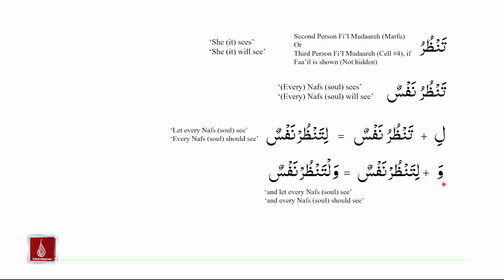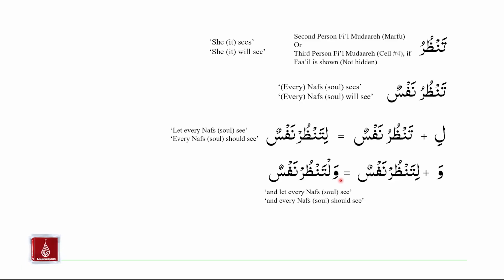Furthermore, we can add this waw to litanzur nafsun, and we will get the result of wal tanzur nafsun. The addition of this waw is causing the zair under laam of amr to be replaced by sukoon, and our result is wal tanzur nafsun. And every nafs or every soul should see, and let every nafs see.